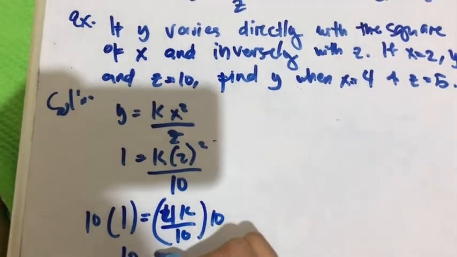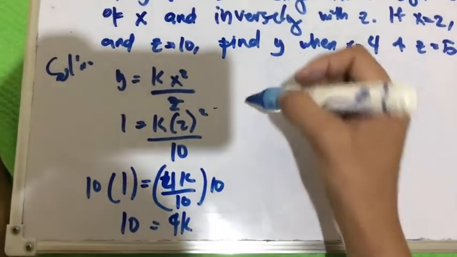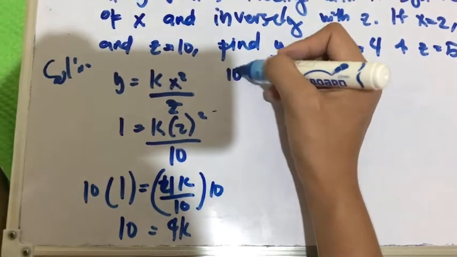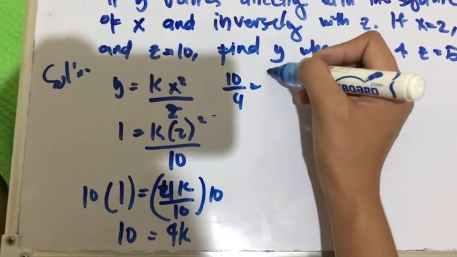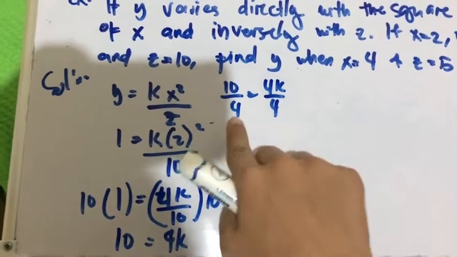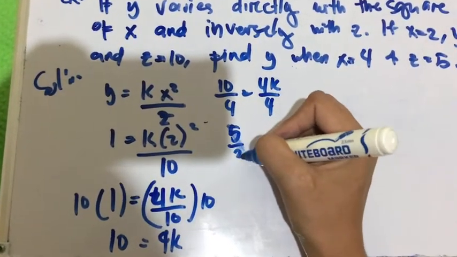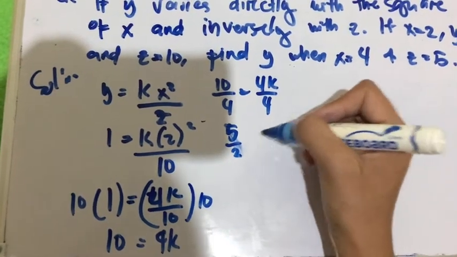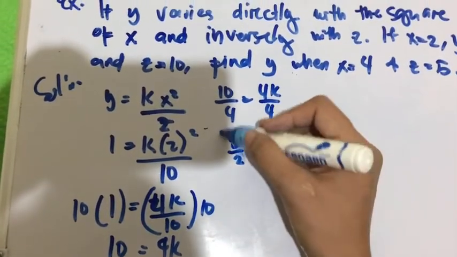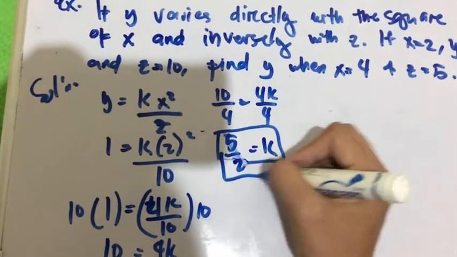So we have 4k is equal to 10. Dividing both sides by 4, we have 10 over 4 or 5 over 2. This is the value of our k.